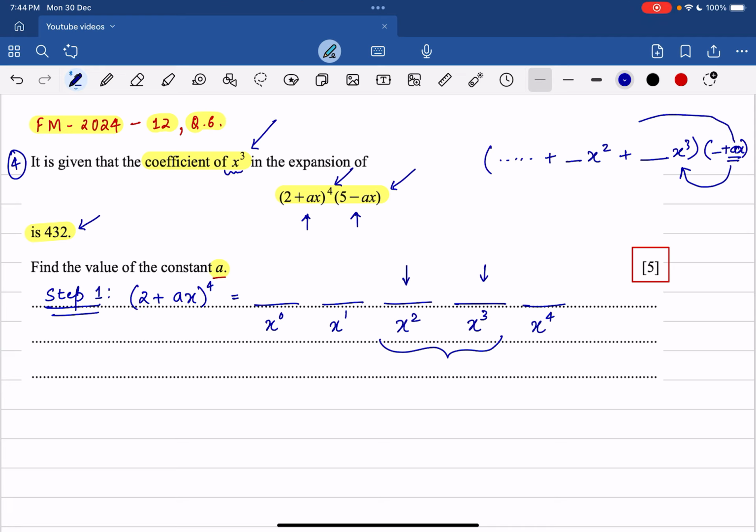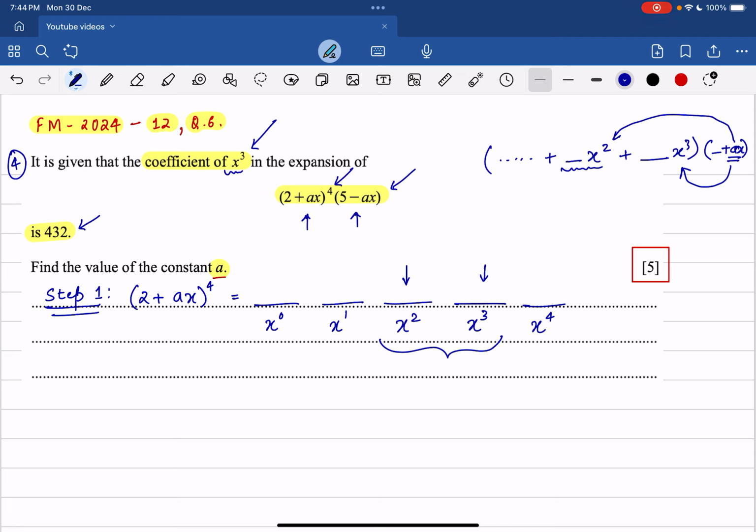Whereas if you multiply ax with x squared, it becomes x cube, which is my area of interest, and that is the reason I need the coefficient of x squared along with the coefficient of x cube.